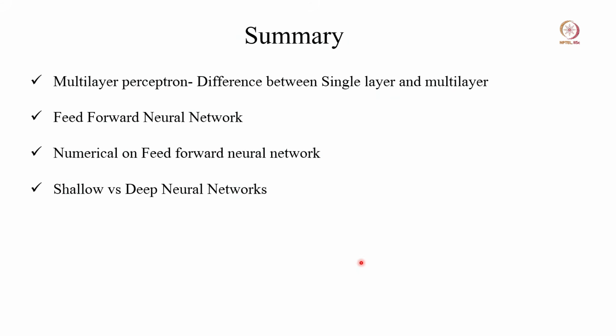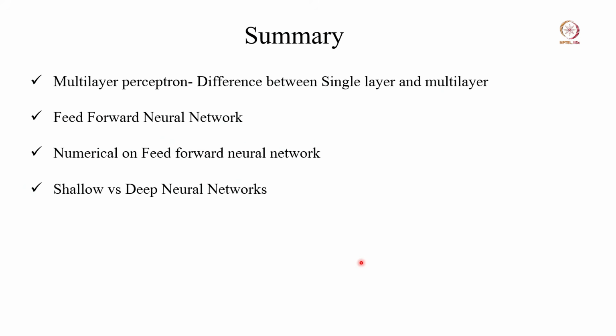Then we came to the feed-forward neural network, where we understood what exactly happens inside the hidden layer neurons, the weighted sum of the inputs and the activation functions, what the importance of the weights is, and how the output is calculated in the feed-forward neural network.